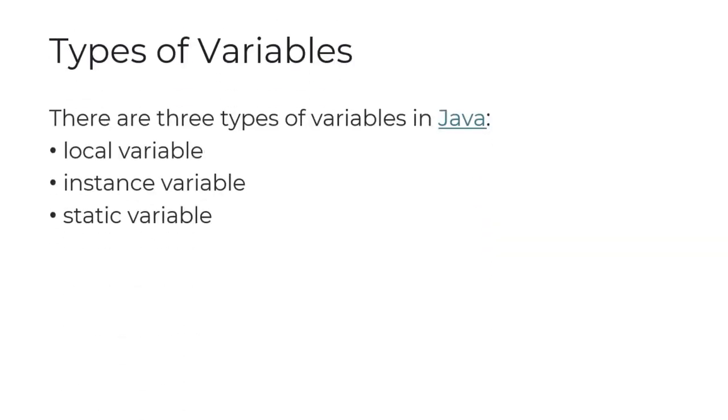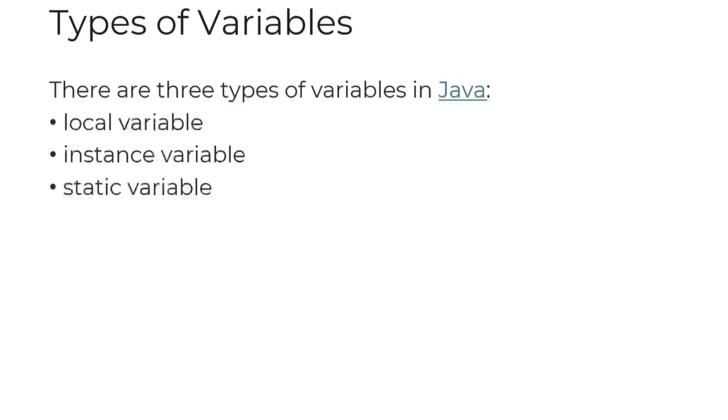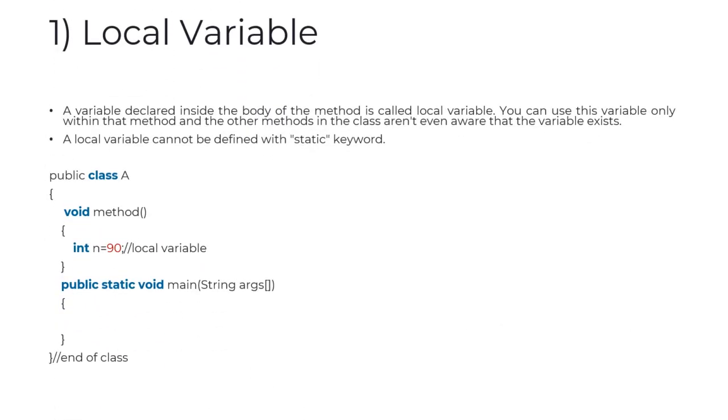There are three types of variables in Java: local, instance, and static variables. We will see each of them one by one. A local variable is a variable which is defined inside a method. Here you can see we have a class A and a method named method. We have a variable n here which holds the value 90.